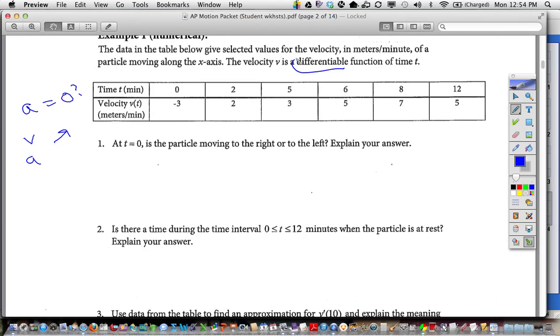Now, this is an important word right here. This velocity function is differentiable, which means what? Derivative exists everywhere, slope exists everywhere. Is the function defined here? Is it continuous? Yes. If it's differentiable, it's also continuous, right? So there are no holes or gaps or jumps. So we know there's a nice smooth curve.